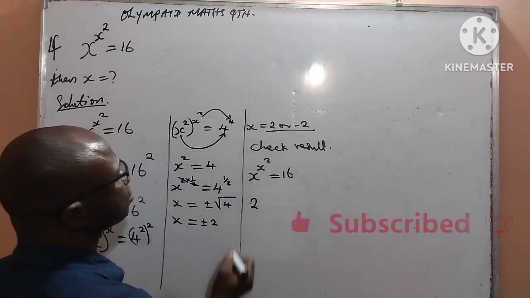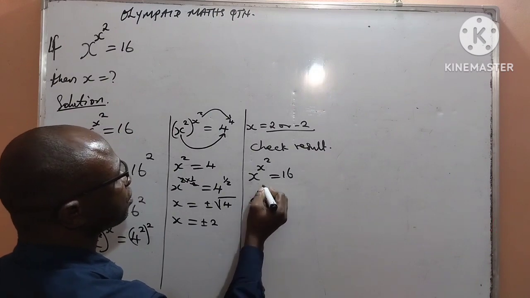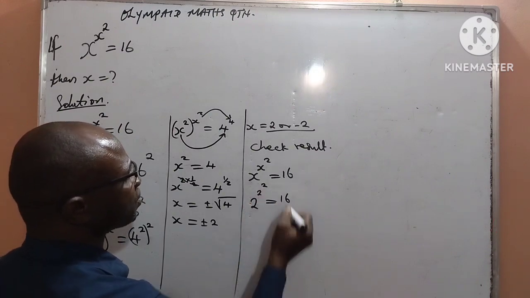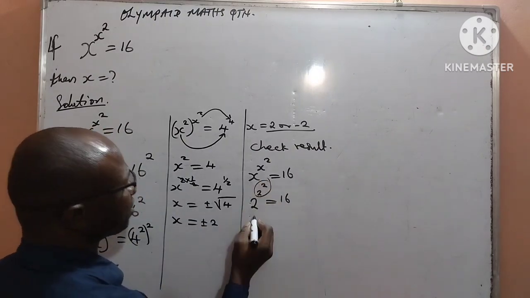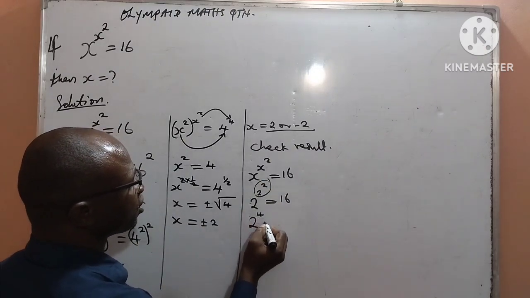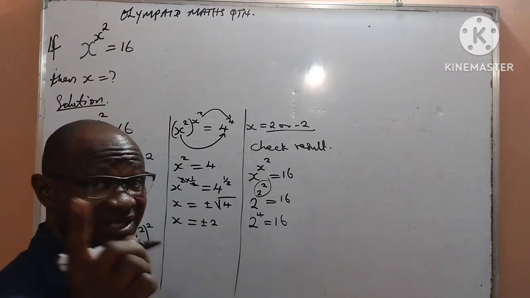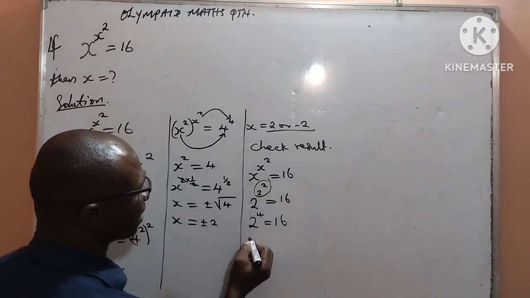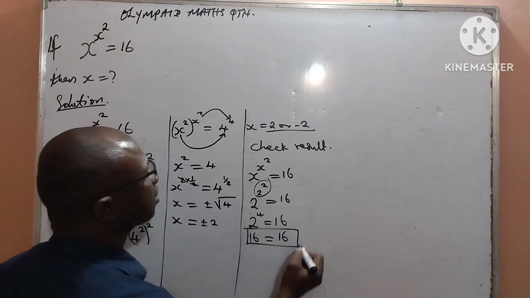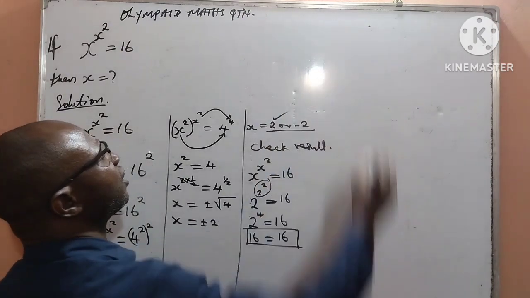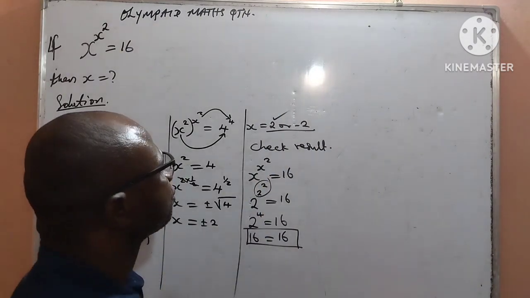That means 2 raised to power 2 raised to power 2. Is it equal to 16? Let's do the power side. 2 raised to power 2 is 4. So we have 2 raised to power 4. Is it equal to 16? Yes. 2 raised to power 4 is 16, equal to 16. They are equal. Authenticating the value of x equal to positive 2.